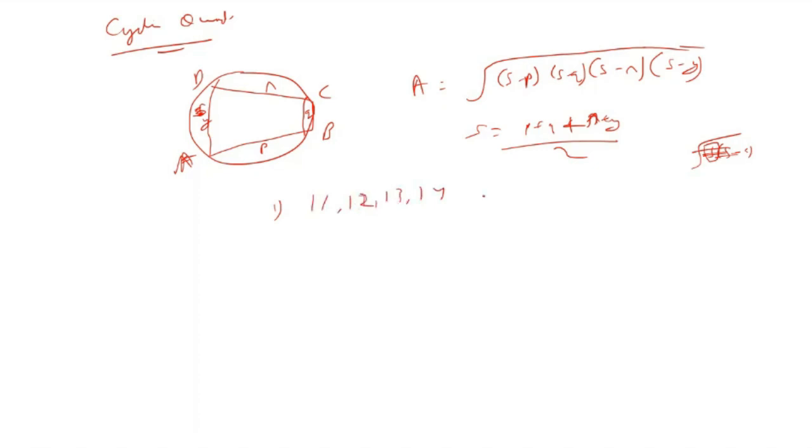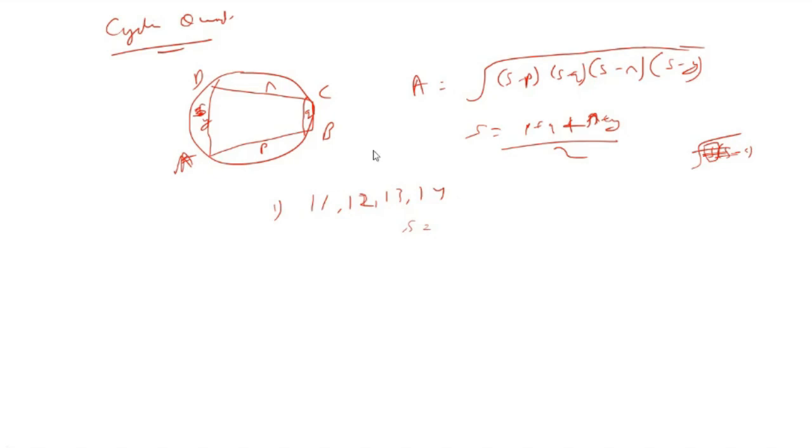The largest quadrilateral will always be a cyclic quadrilateral. So you'll calculate s from here, subtract s from the sides, multiply them, take a root over, and you're done. This is a property of a cyclic quadrilateral: if the lengths of the sides are given, you apply this formula to find the largest quadrilateral with those sides.